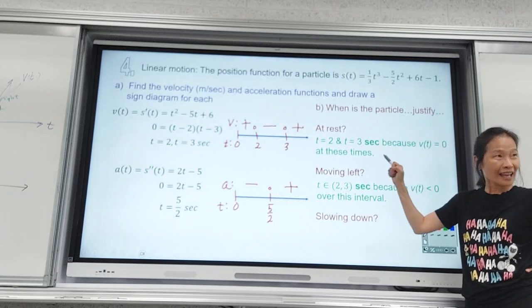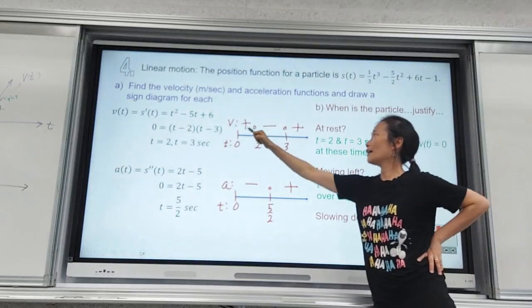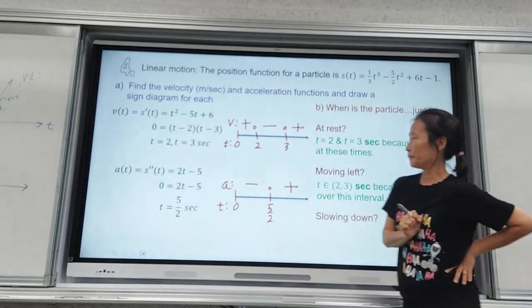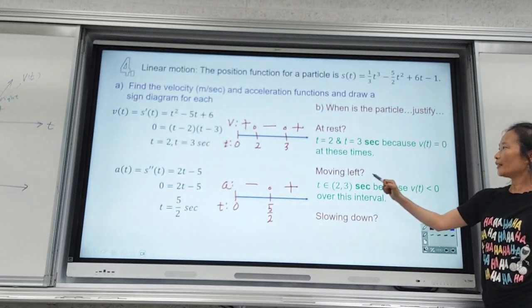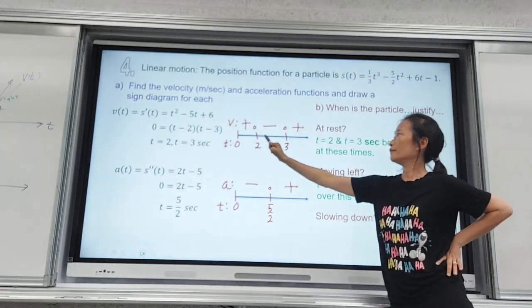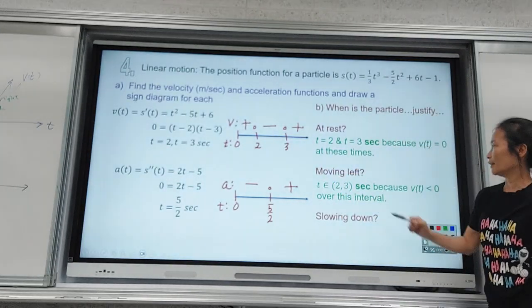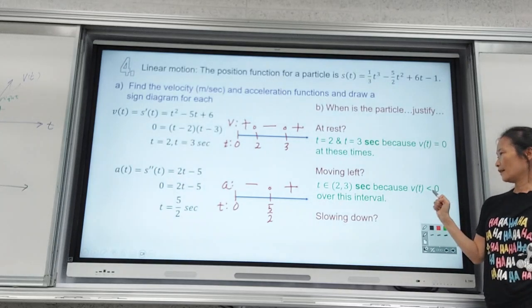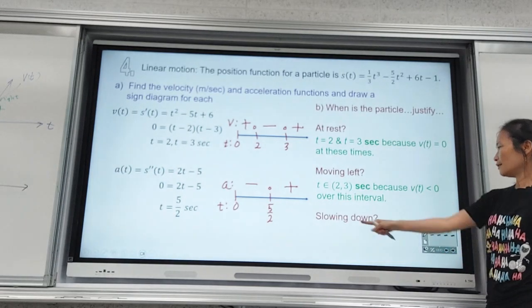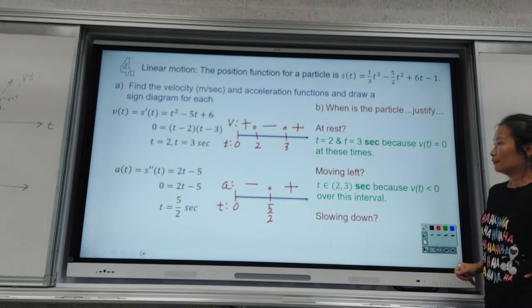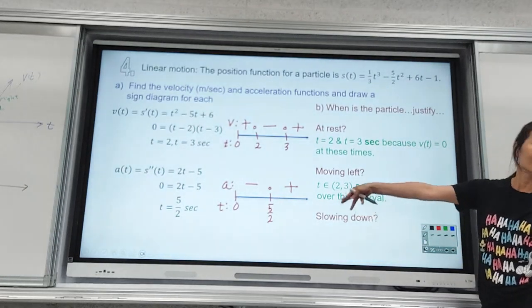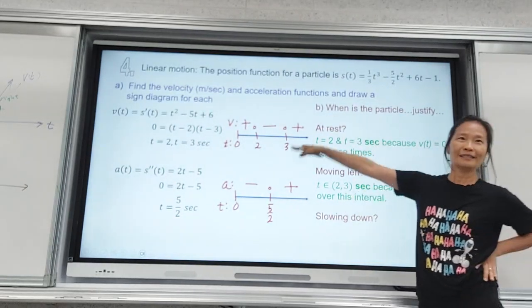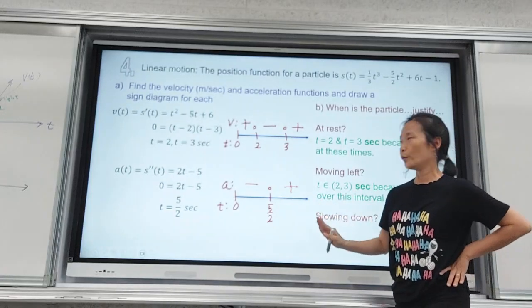Velocity is 0 and the sign changes at those times. Moving to the left, look at the negative velocity. Okay, why is the particle moving to the left? Velocity is negative. Finally, slowing down. Can you tell from the sign? Signs are different. Which interval?